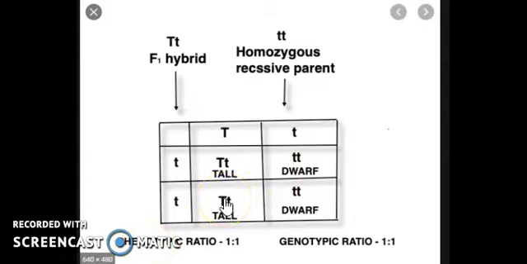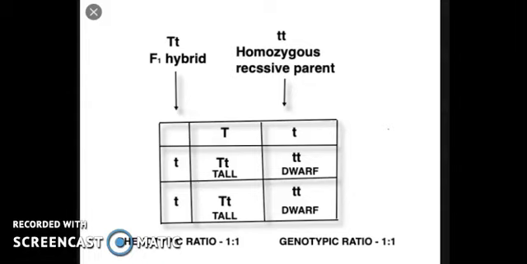So, in the cross, the resulting progeny will be 50% tall in nature and 50% dwarf in nature. Thus, dominant and recessive are in a 1:1 ratio. Such a cross is called a recessive backcross or also called a test cross.